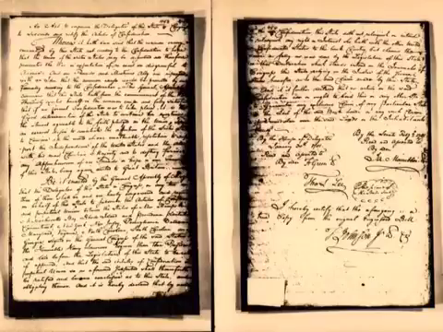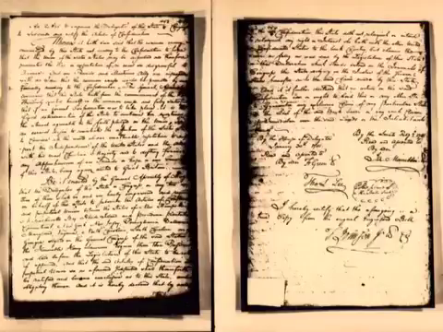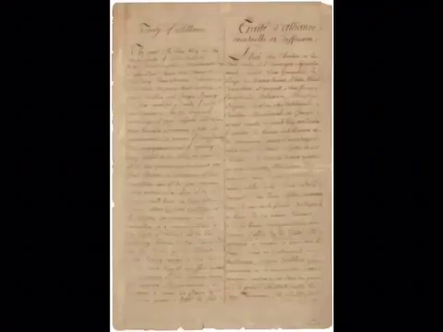It set up the first rules and organized the government. The need for a strong federal government soon became apparent, and that is one of the realistic outcomes of the Articles of Confederation.